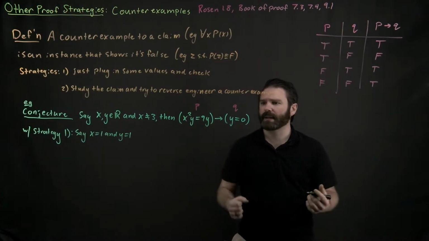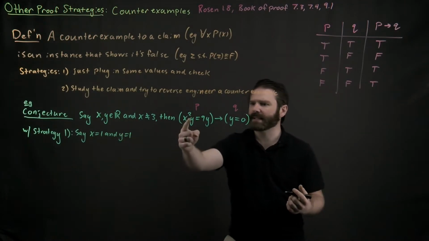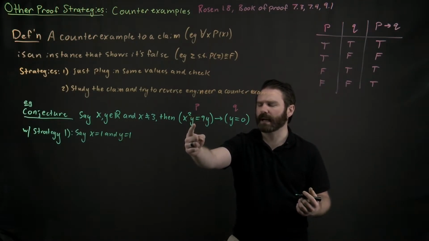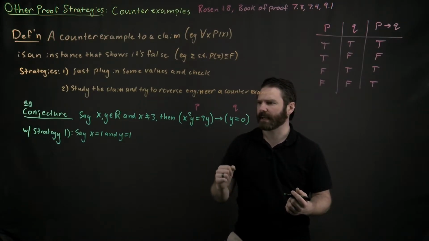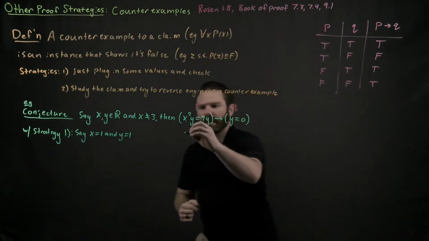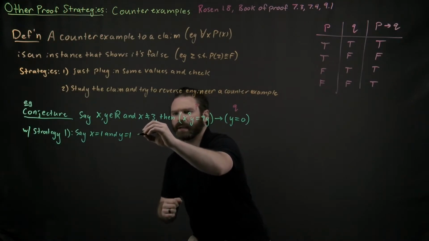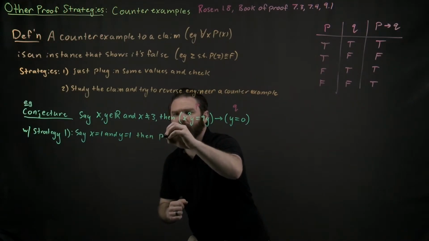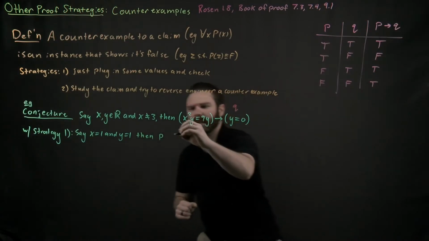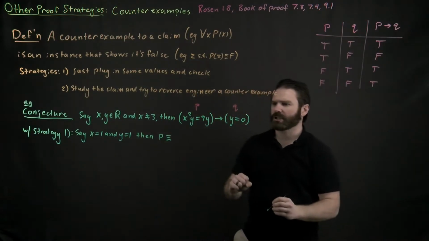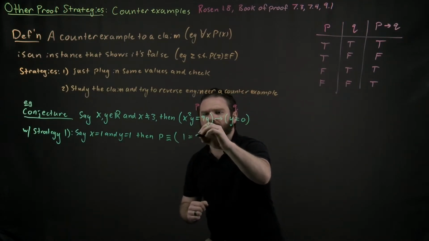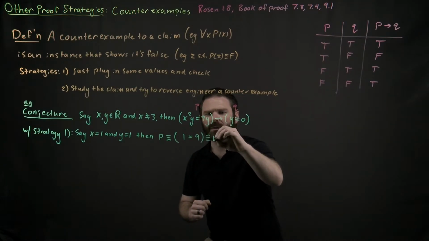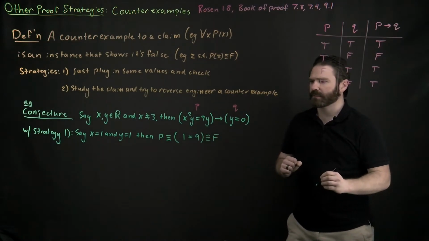Let's see what this hypothesis right here would say. Well, if x is 1, that's going to be 1 squared times 1. So that's going to be a 1 on the left-hand side equals 9. So in this example right here, our hypothesis, our P, is going to be logically equivalent to the statement 1 equals 9, which is false.